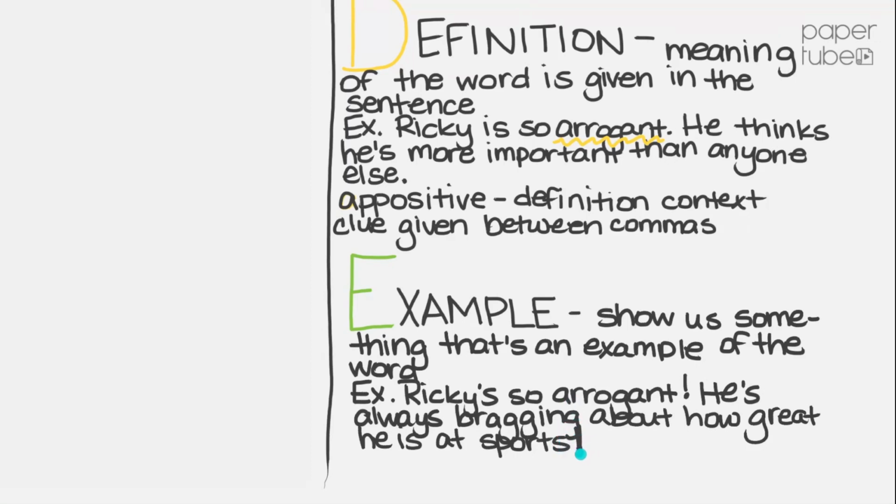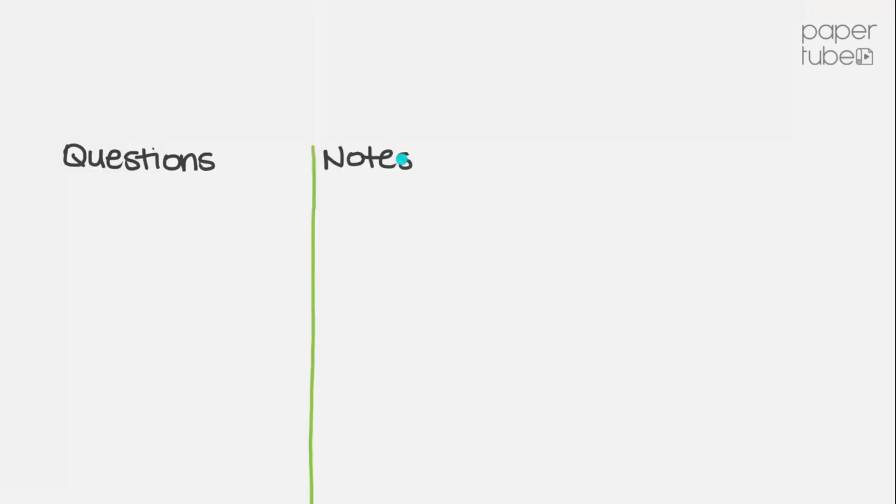So I see that an example of him being arrogant here is that he's bragging about how great he is, right? Arrogant people brag about themselves. That helps me have a better understanding of what arrogant means. All right, so I have my I, my D, my E. The next letter for IDEAS is going to be my A. So the A in IDEAS stands for antonym.